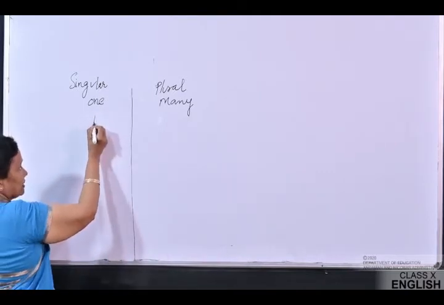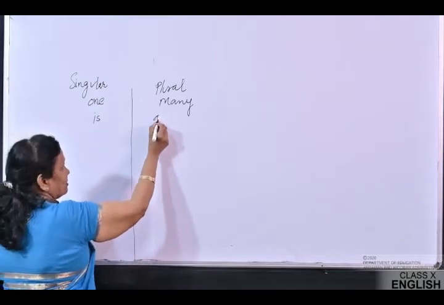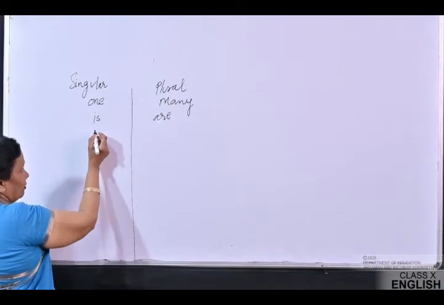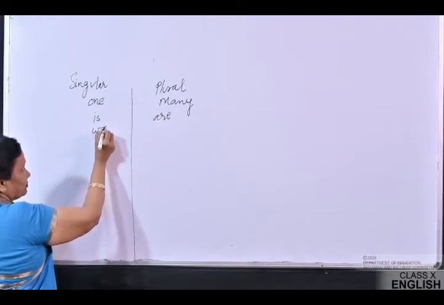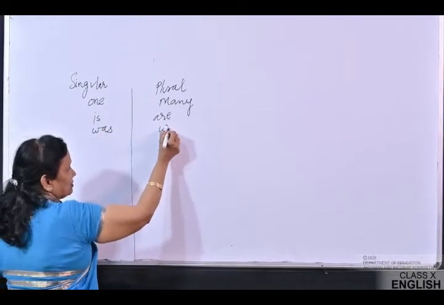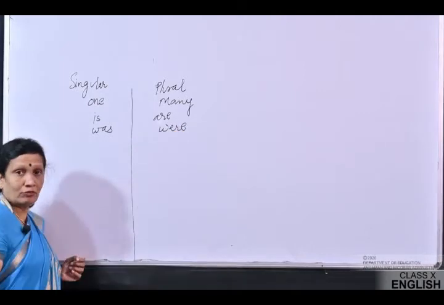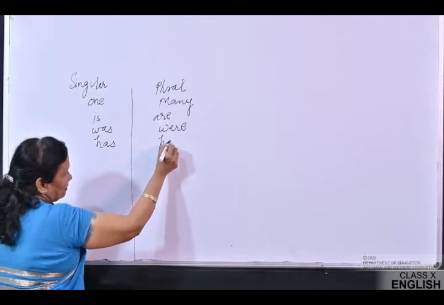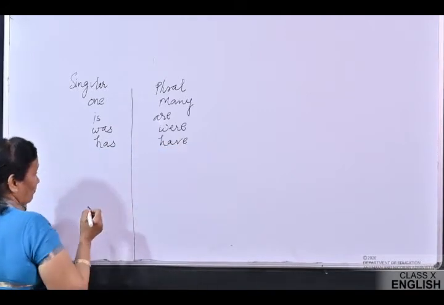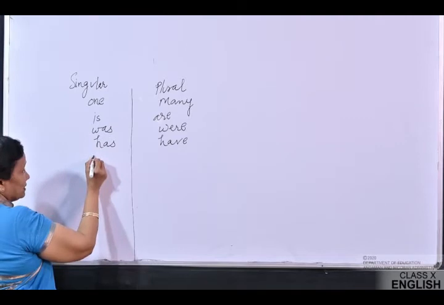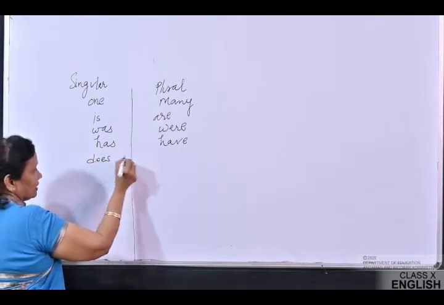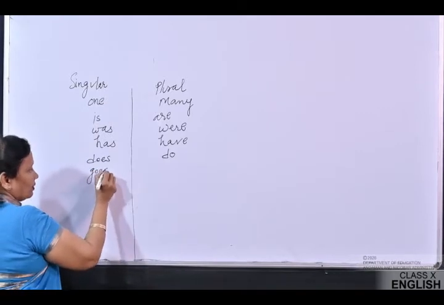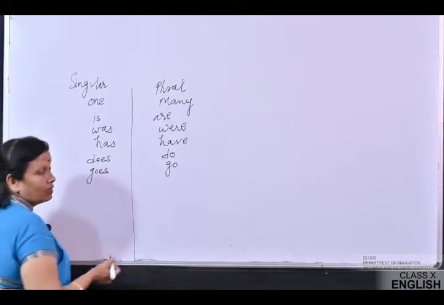Now for one person we use is, and for many, are. For one person was, and were for plural. Has, and here have. For one person it is does, here it is do. Goes, here it is go.